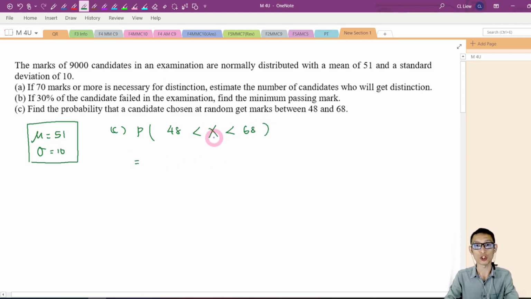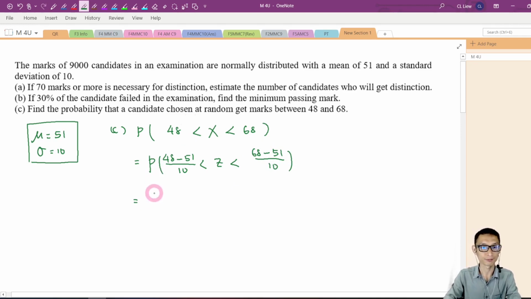So first, I'm going to change it to the Z value. Z value here will be 48 minus mean divided by standard deviation. So here, using the same formula, 68 minus mean divided by the standard deviation.